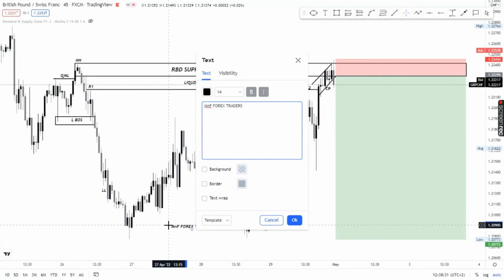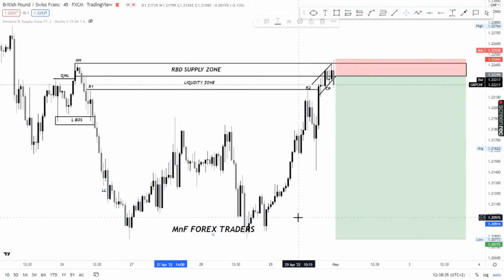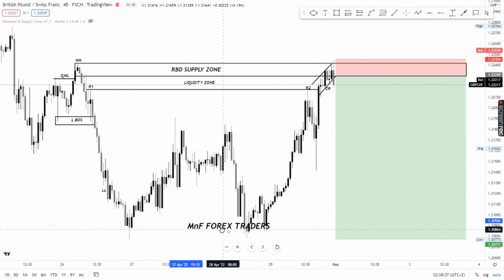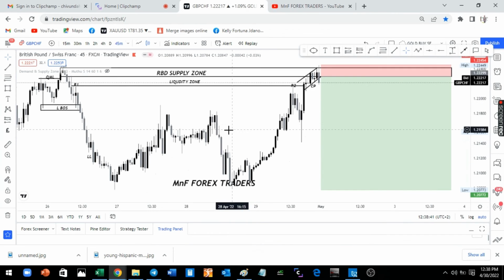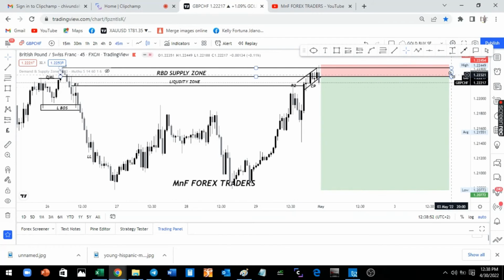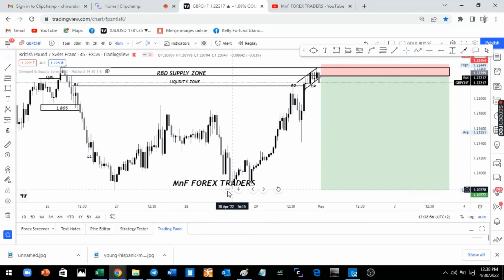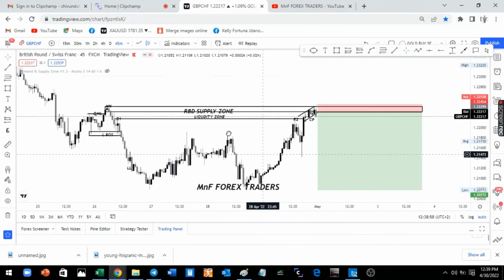I'm not saying that this trade is actually going to work out, but this trade meets our criteria. So you take your own risks. I'm not saying that this trade is going to win. What I'm saying is that this trade has a higher probability of winning, because it has met all our criteria. That's the reason why.